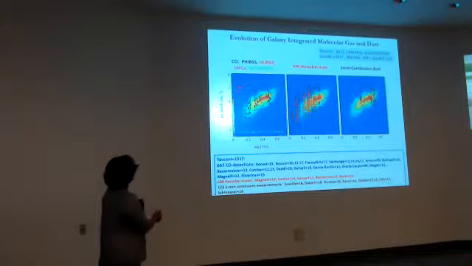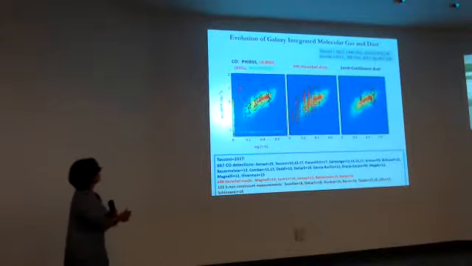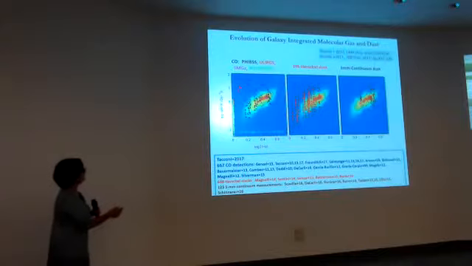What this plot shows is our coverage as a function of specific star formation rate and redshift in each panel. This is the main sequence as a function of redshift from the 3D HST work in color. This panel shows all the CO points that we have.